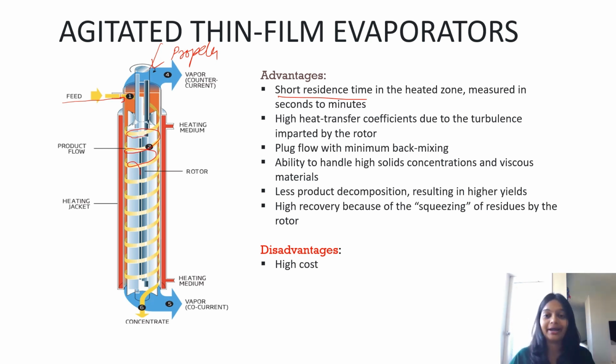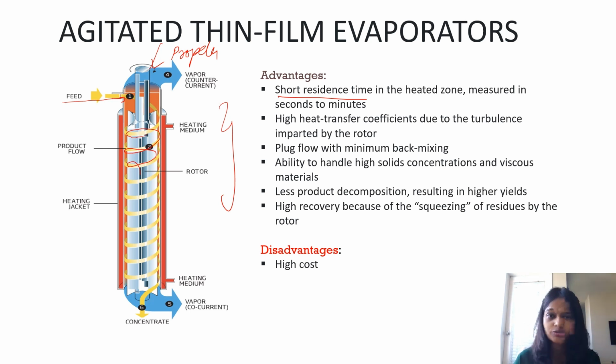It has a high heat transfer coefficient because not only is the film thin, but you are also imparting turbulence. It has plug flow, the ability to handle high solid concentration, less product decomposition, and high recovery because of squeezing. The major drawback is cost: this equipment is sophisticated and requires a high cost.